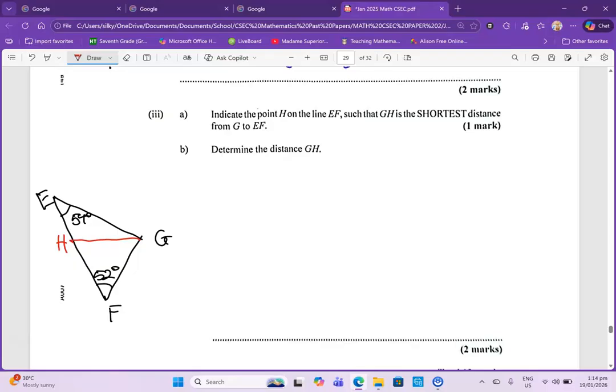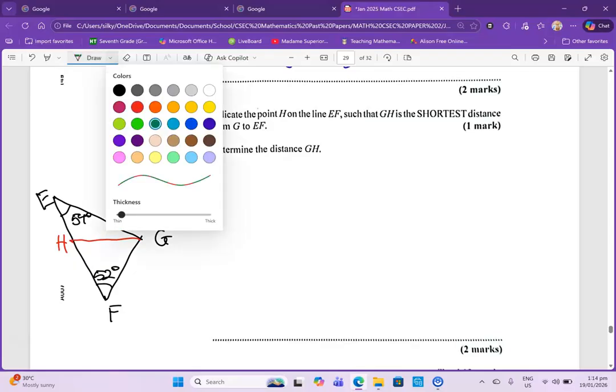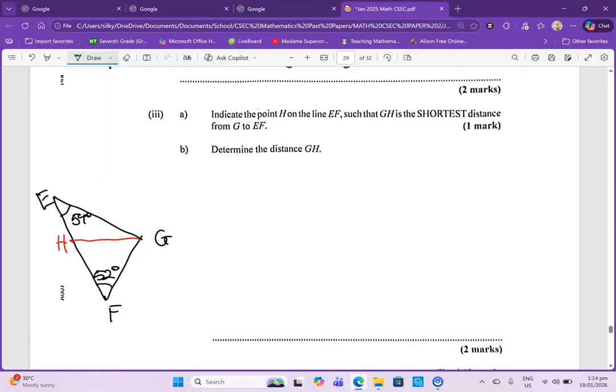So to find that distance, let's go back to the bearing that we had from the beginning, the bearing of F from G. So this was our north line, and the bearing was this angle here, which was 228. Now I'm going to extend the north line down.